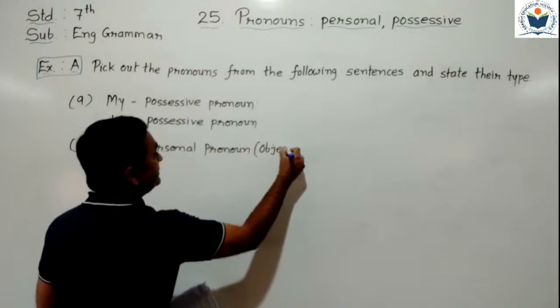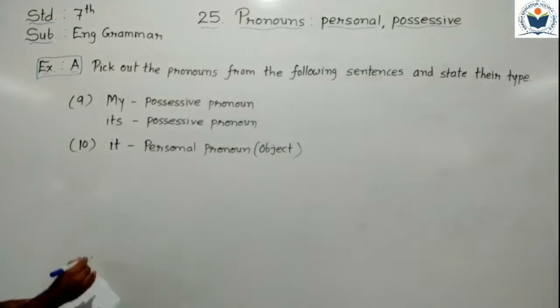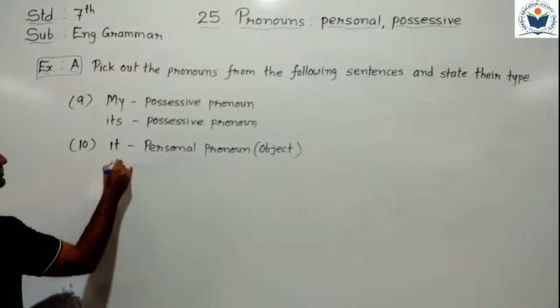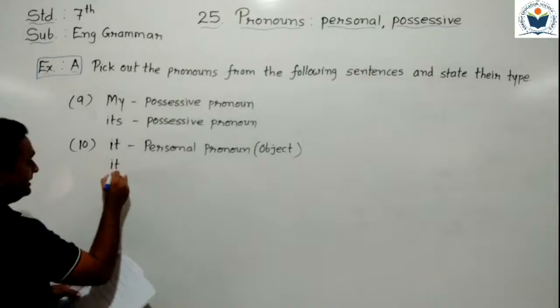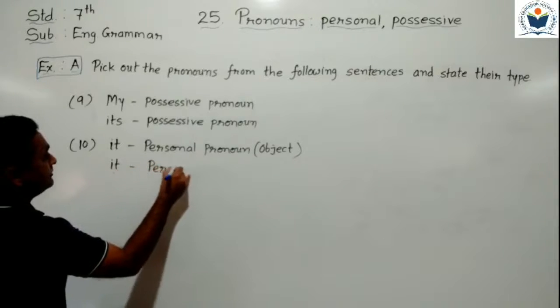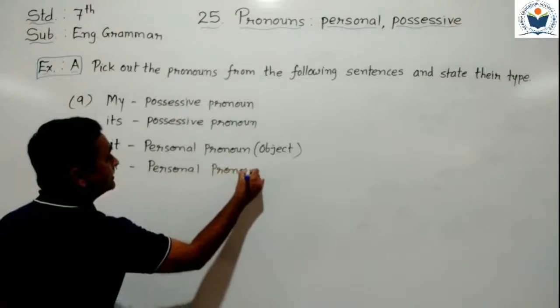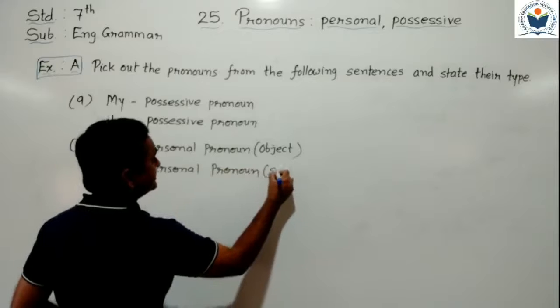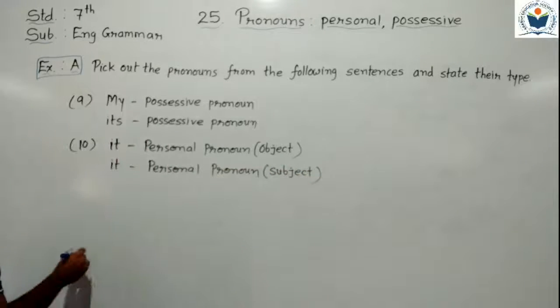It is used as an object personal pronoun. Second, it is also personal pronoun. How it shines. But it is used as a subject here.